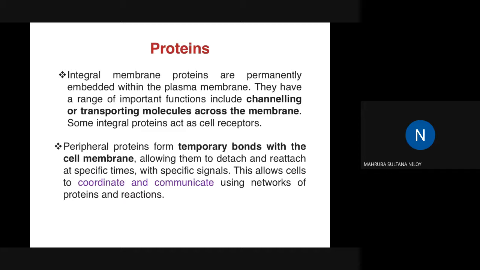So, can anyone tell me about the peripheral proteins now? Peripheral protein is mainly situated in one layer, and it has no channel, unlike the integral protein. Okay, great.